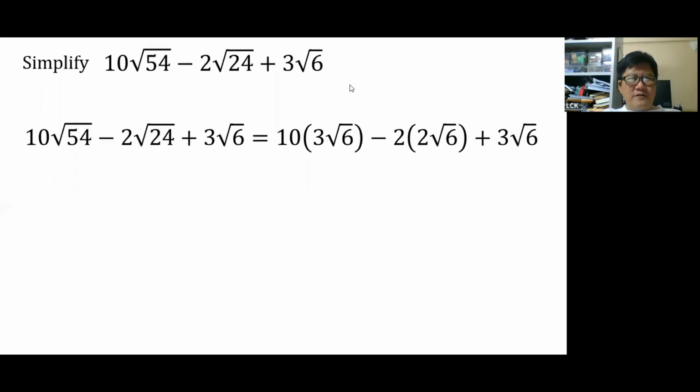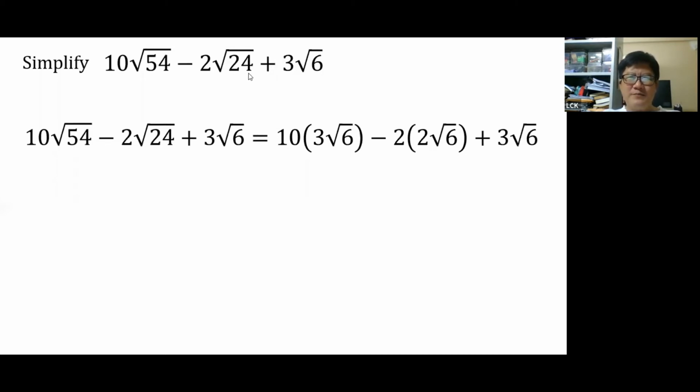Now, simplify this one here. The answer is already out. The hint is right here. This cannot be simplified any further, so here we must look for something that can be multiplied by 6.